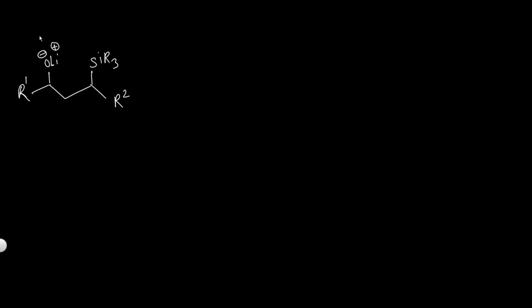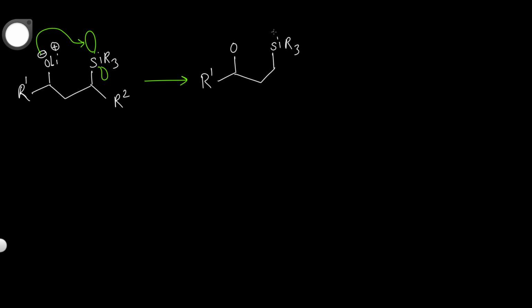So because the silicon has a vacant orbital, this negative charge will donate its electron into the silicon vacant orbital, and the silicon gets a negative charge, something like this. O, SiR3, silicon negative charge, bond formation, and here we have R2.